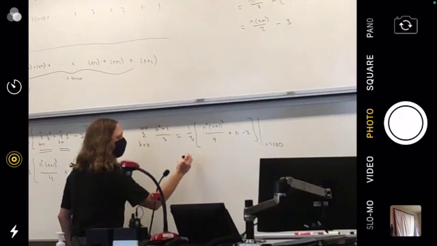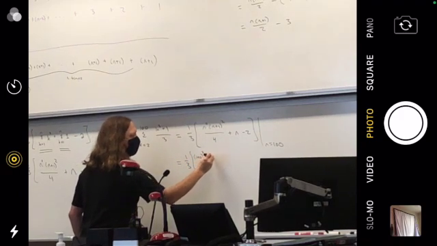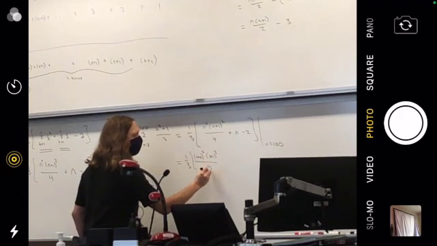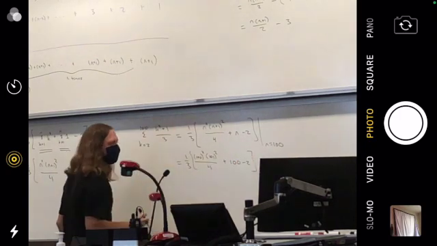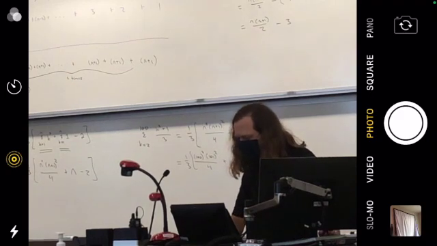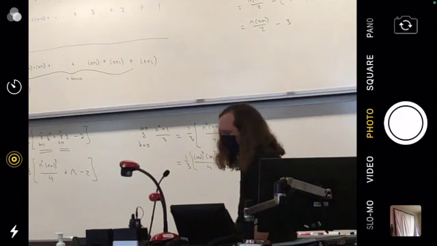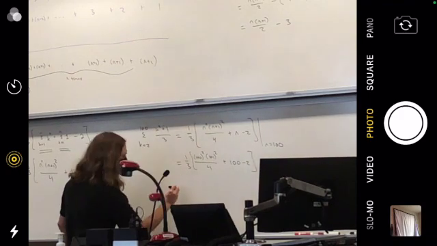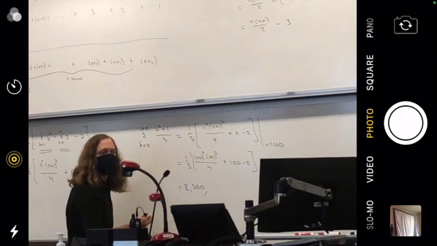So 1/3 times 100 squared, 101 squared, divided by 4, plus 100 minus 2. And you'd get 8,500,866.